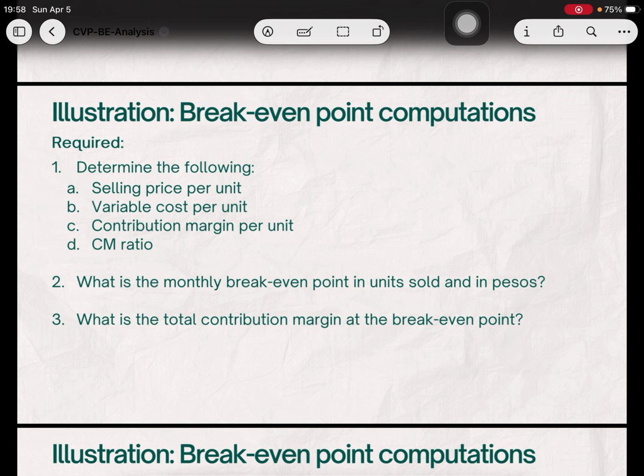Okay, number 1, determine the following. So, we have the selling price per unit, variable cost per unit, contribution margin per unit, at saka contribution margin ratio. So, based on these requirements, na banggit naman natin to kanina sa unang video. So, masasagutan natin yan in this video.